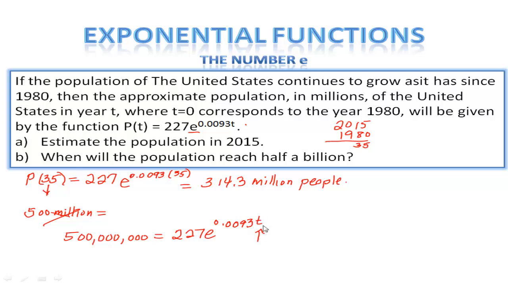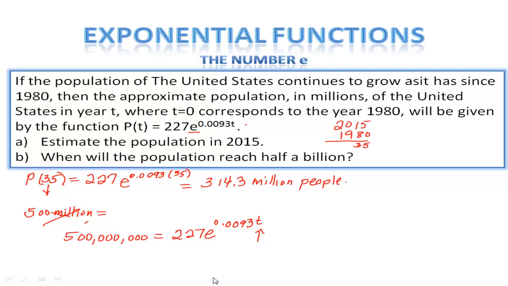Now, as we did with our last example, we would need to graph this function on WZ Grapher or on Wolfram Alpha. And we would look at our y value and find the y value that is equal to 500 million. And then we go across and see what that y value corresponds to on my x-axis, just like we did with the other one. And that's the way you would do it and find out what year I would have 500 million.